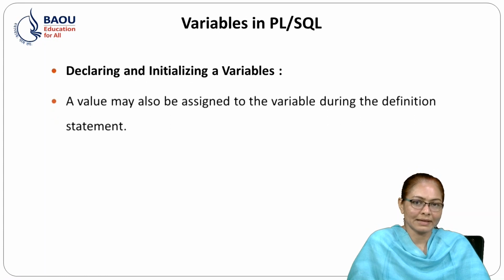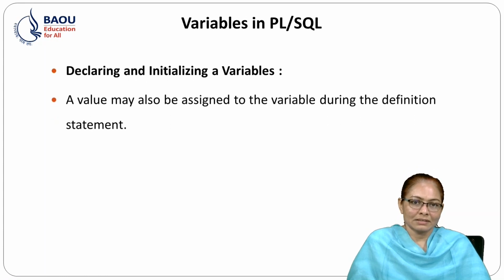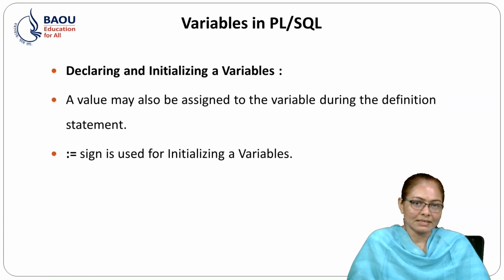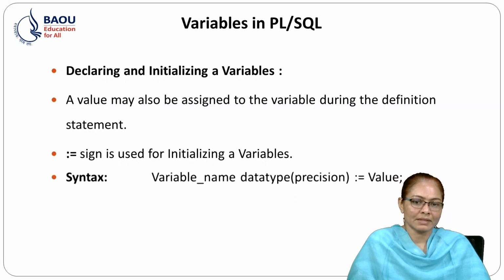For example, the syntax is the variable name, then the data type, then colon equal to value. The variable name and data type, with the precision in brackets meaning the size, is the declaration part, and colon equal to value is the initialization part.